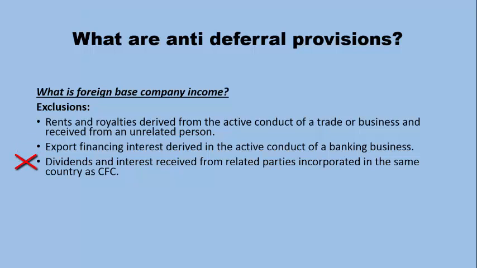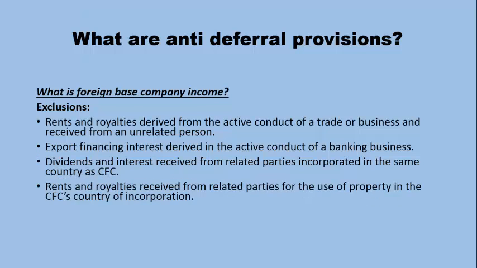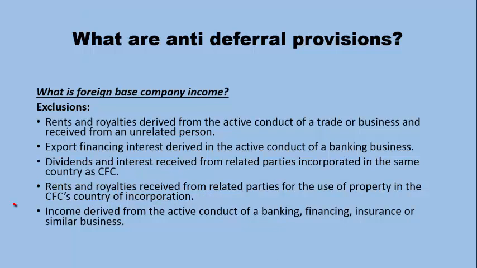Dividends and interest received from related parties incorporated in the same country as the CFC. Rents and royalties received from related parties for the use of property in the CFC's country of incorporation. Income derived from the active conduct of banking, financing, insurance, or similar business.